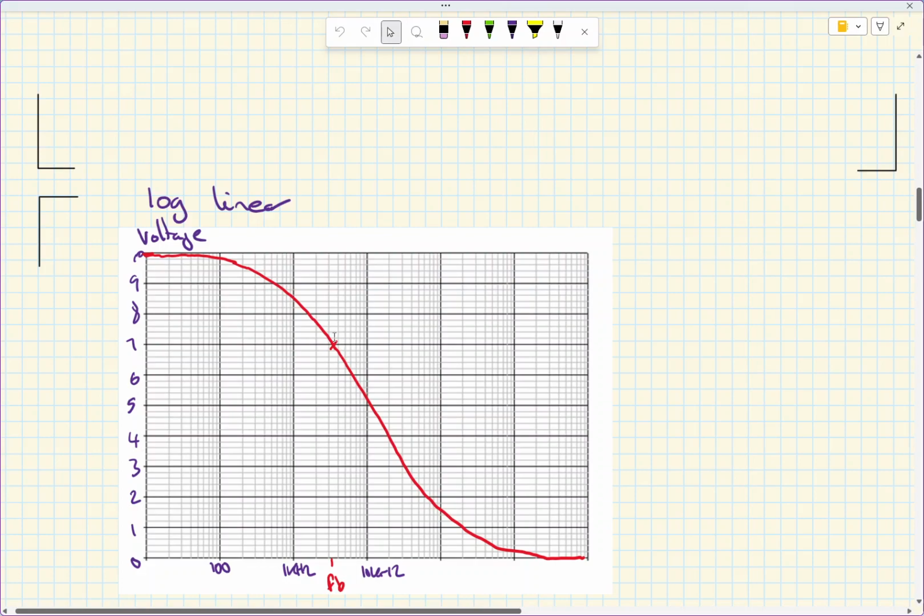So we're going to put a point in there, and then draw a curved line that comes down from the maximum, through that point at the break frequency, and then curves off as it comes down to 0 volts. Okay, so it curves off as it comes down to 0 on a log-linear graph. Marvelous.